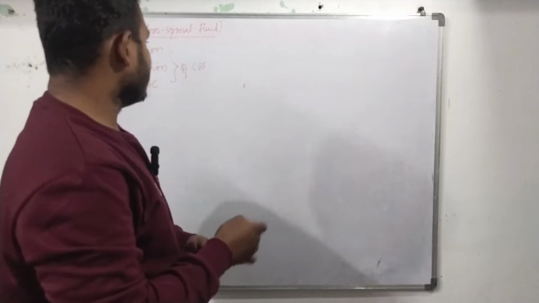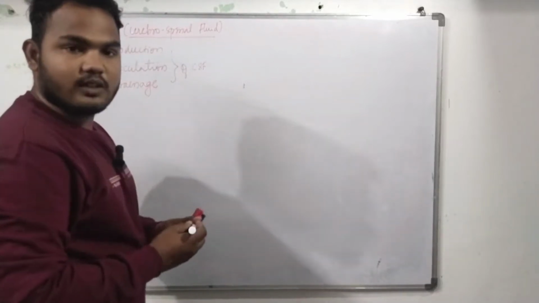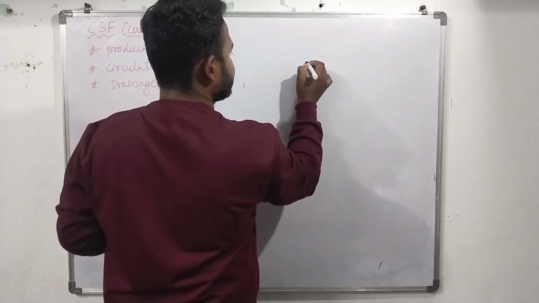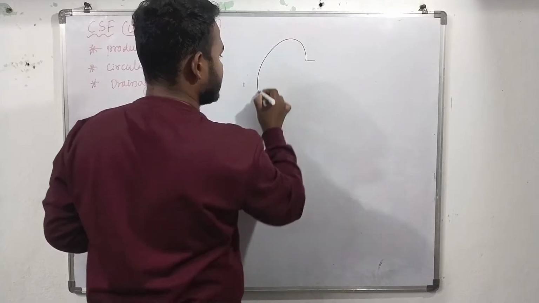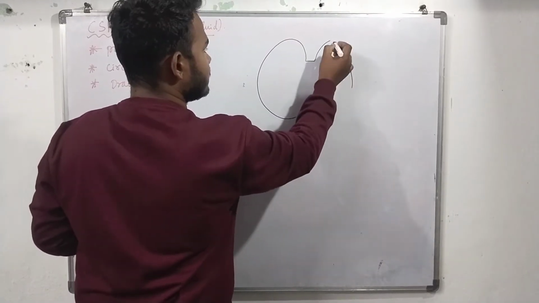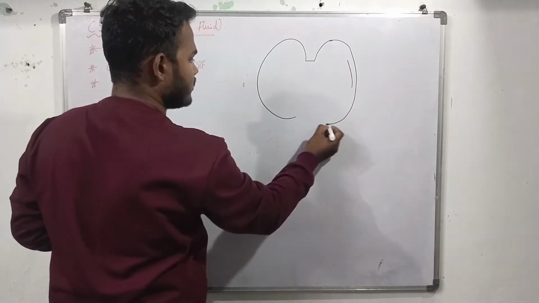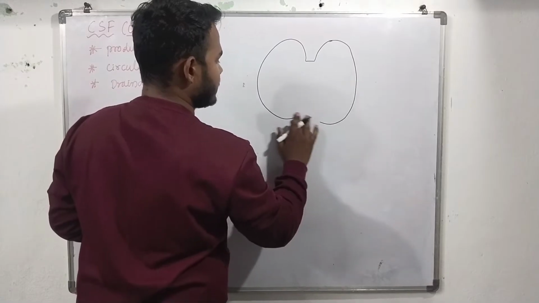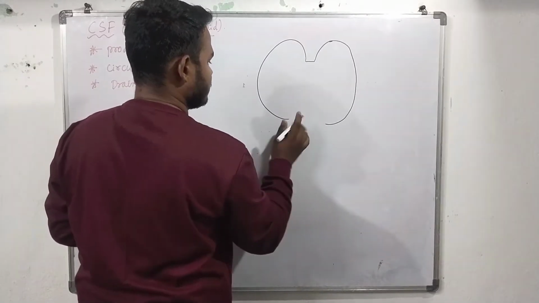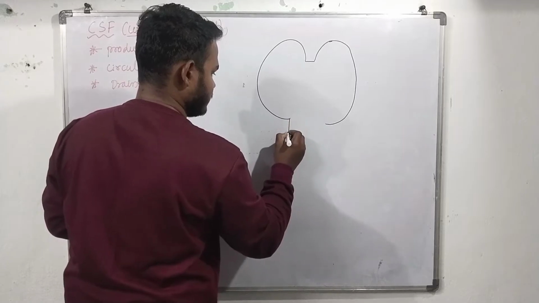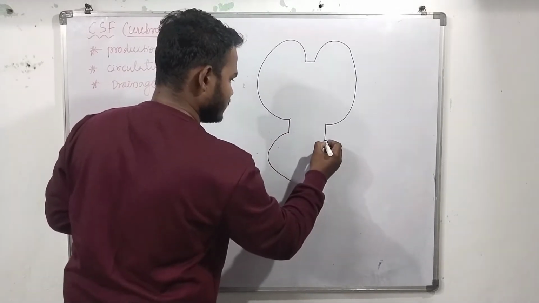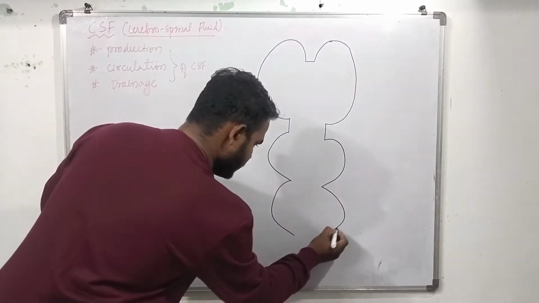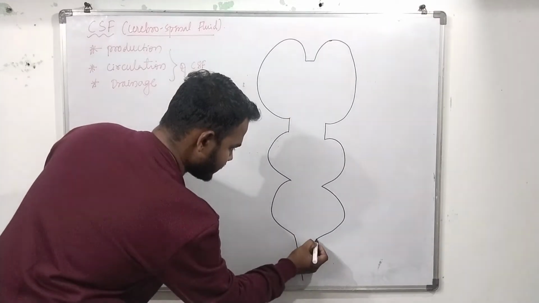Okay, now first we will see about the anatomy. Let us consider this is our hemisphere. Here is our medulla and it is our spinal cord.